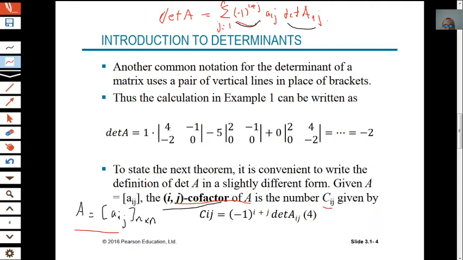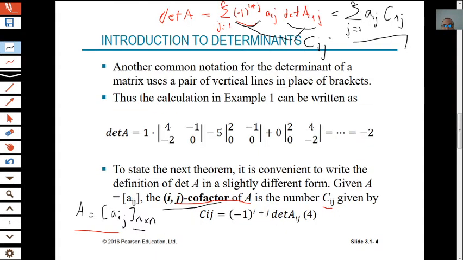Therefore, if we write Cij for them, the formula becomes the sum from j equals 1 to n of a1j C1j. This is another form of the definition of the determinant of an n by n matrix A, using the ij cofactor.